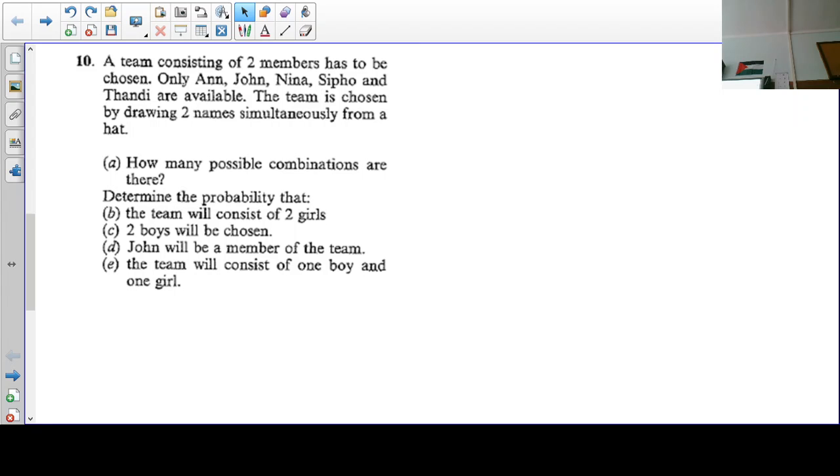It's 1, 2, 3, 4, 5. There's 5. 5 times 4. I get 20. You all got 20. Otherwise, what you could have done was draw a diagram.